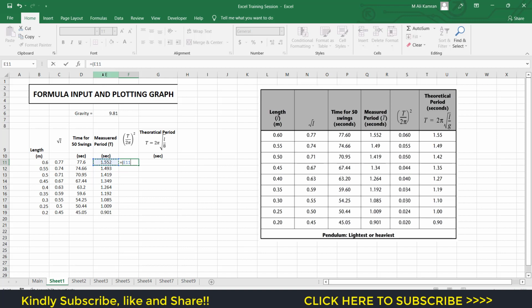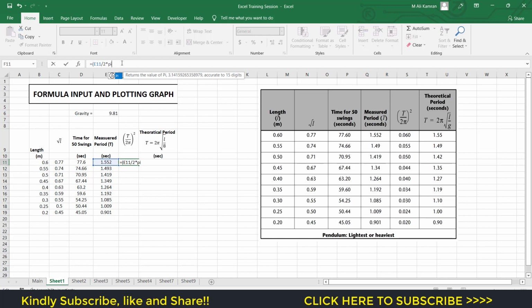In cell number E11 we have the T value divided by 2 multiplied by pi. So for pi we can put 3.14, or in Excel we have the PI formula. So I will write PI and press tab. When I write PI, it returns the value of pi, which is 3.1415, accurate up to 15 digits, right?